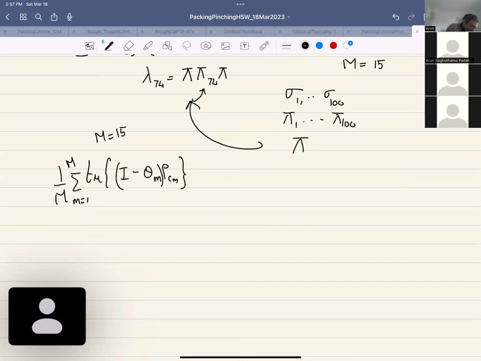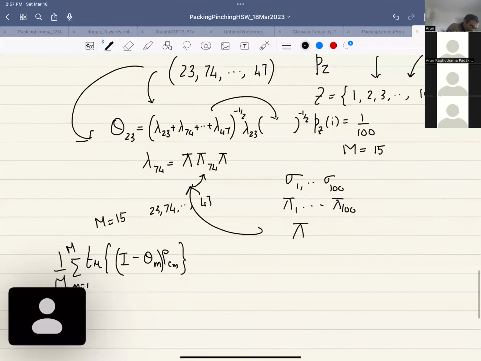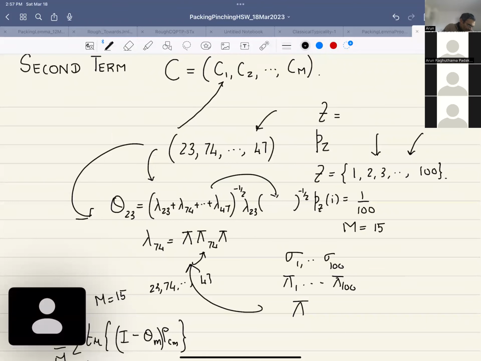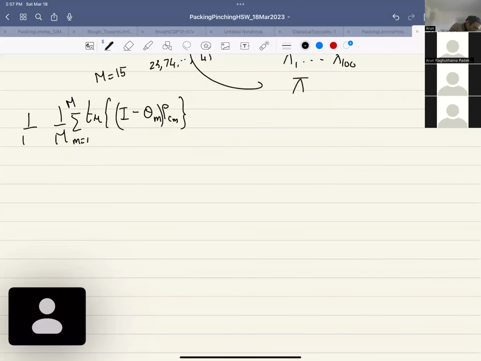I have 15 words: 23, 74, all the way until 47. And then what is the probability of getting this collection? Well, I pick this with 1 by 100, this with 1 by 100, this with 1 by 100. So it's just 1 by 100 to the power 15.